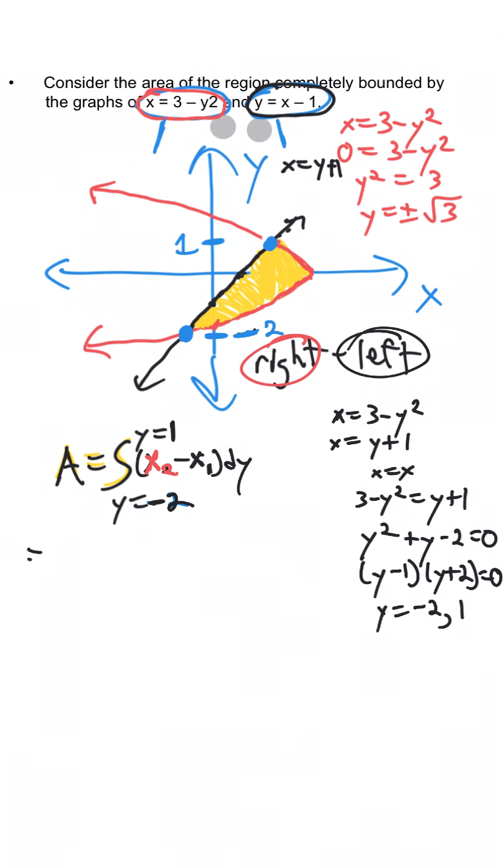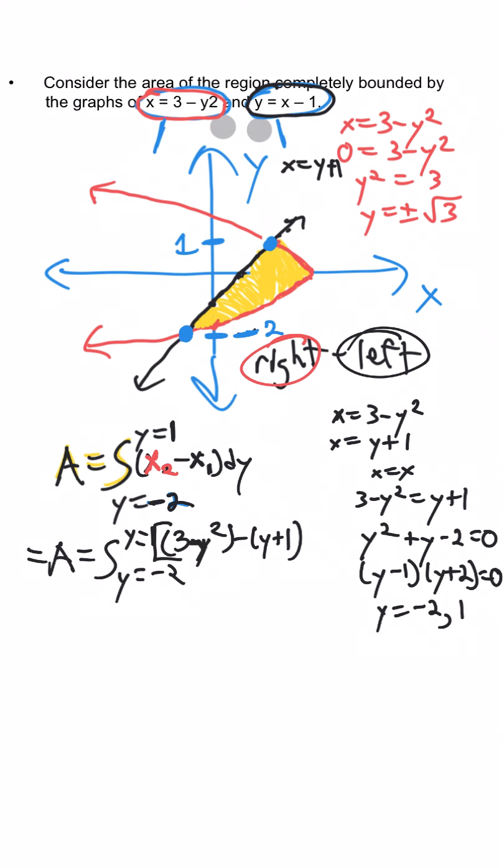So this thing is a little more complex than we've seen in the past. Area is equal to the definite integral from y equals negative 2 to y equals 1 of, well, what was x sub 2? What was the red curve again? 3 minus y squared, minus, what was x sub 1? y plus 1, right?